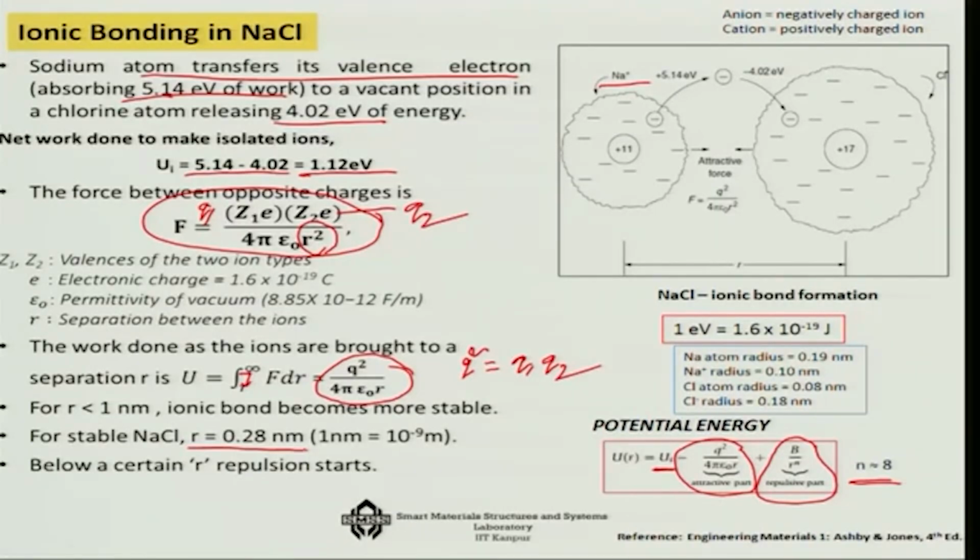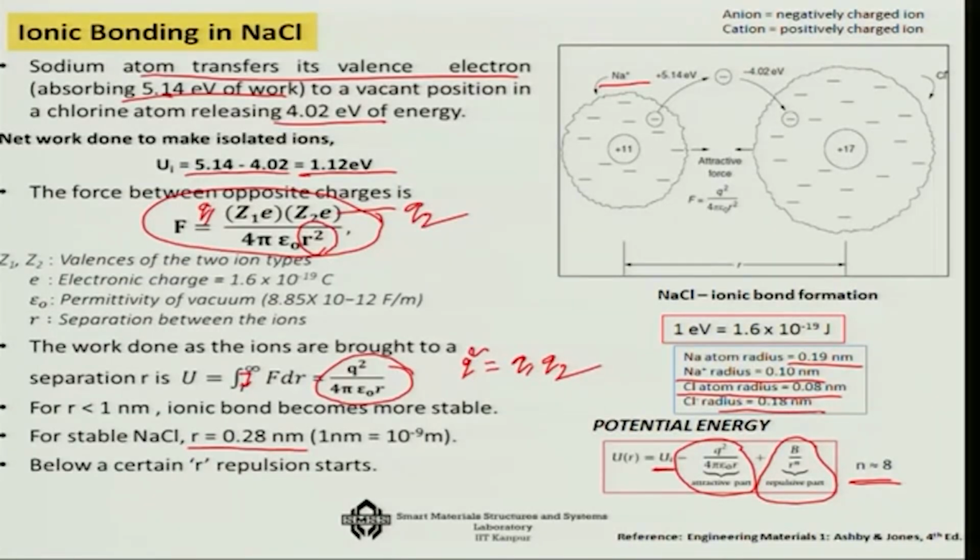Now, you can see another interesting thing here: the sodium atom radius is 0.19 nanometer to begin with, and the chlorine atom radius is about 0.08 nanometer to begin with. But the moment sodium gives up the electron from the valency shell, it shrinks, it becomes 0.10 nanometer, and chlorine's electron cloud increases, it becomes about 0.18 nanometer.